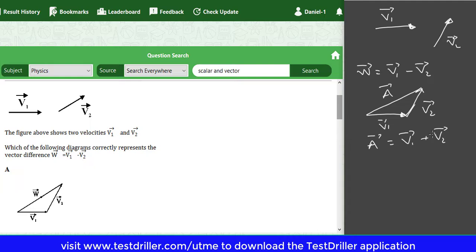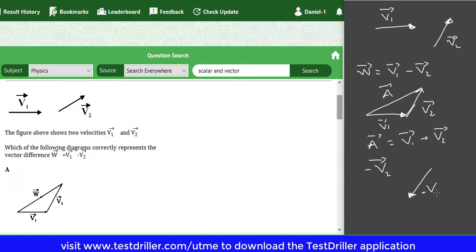But what we are asked to look for is the difference. So in this case, you have to look for the negation of v2. The negation of v2 is like v2, but in the opposite direction. It's more or less like, instead of going upward, you go downward. So it's v2 in the opposite direction, which is something like this.